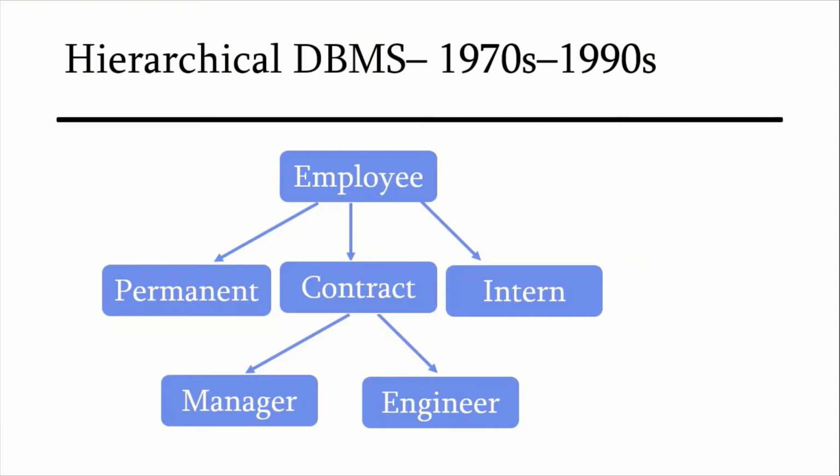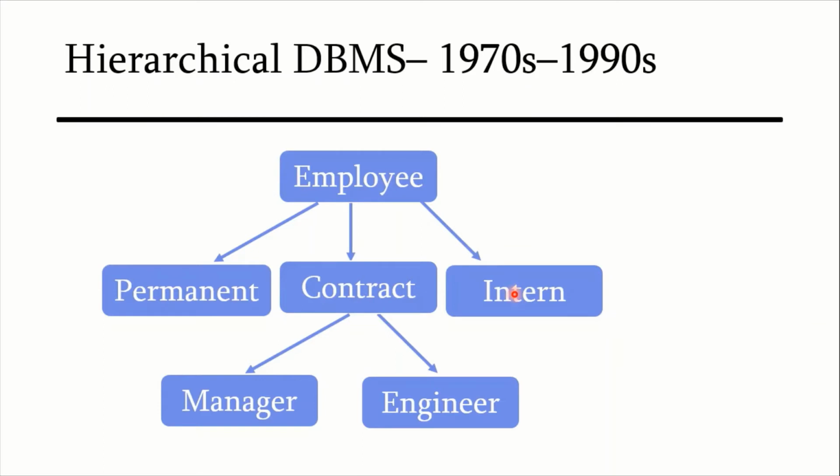Now this is an example of hierarchical DBMS. Here you can see parent, child, one parent, multiple children, one to many relationship. So an employee can be a permanent employee or a contract based employee, or an intern.